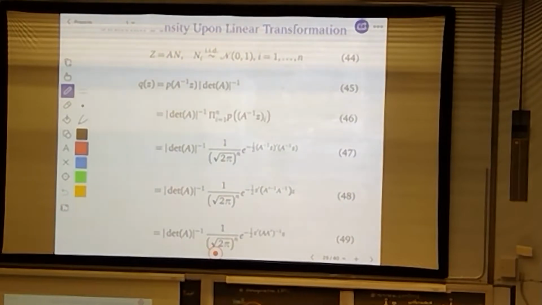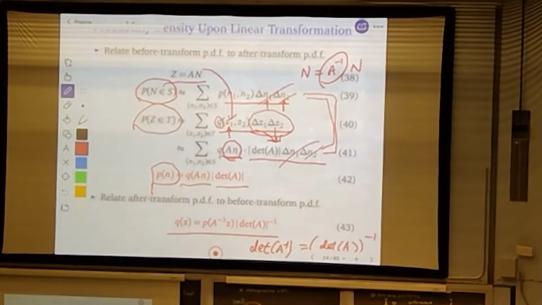So through this exercise, we learn that usually you might think, if Z is related to AN, you would have thought PN equals just QAN, right?